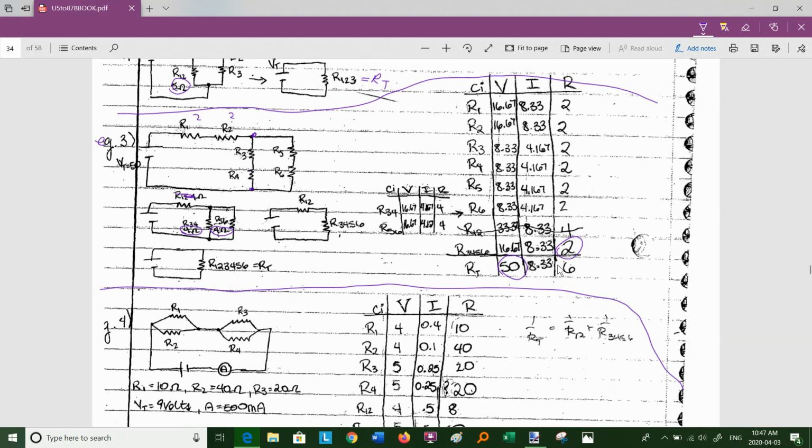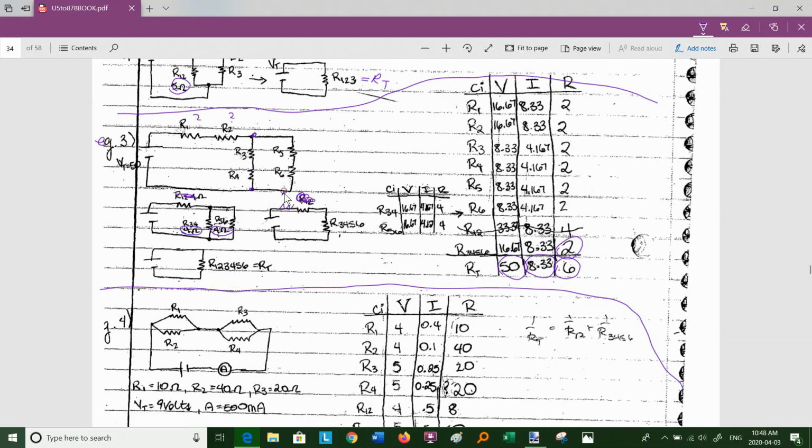I know the voltage, so now I can get the current flowing through. It's 50 divided by 6, 8.33 amps flowing through R3, 4, 5, 6. And it's flowing through R1 and R2 as well.